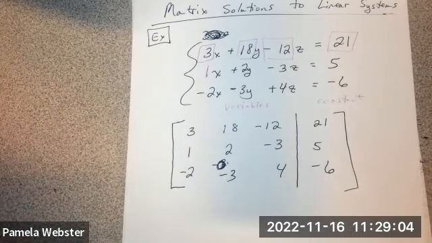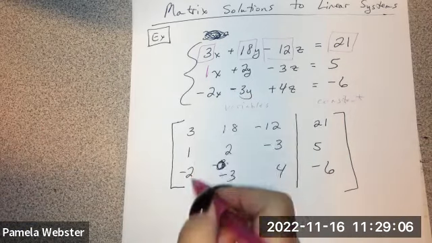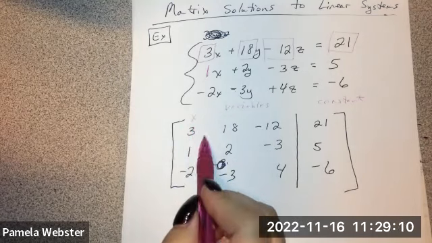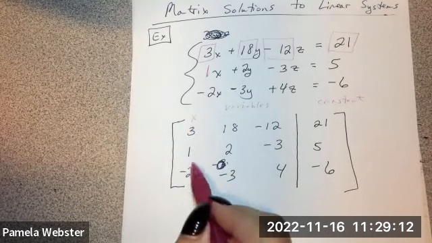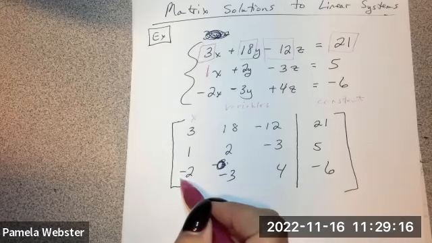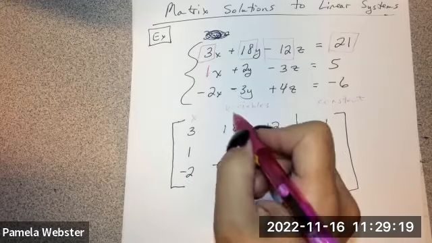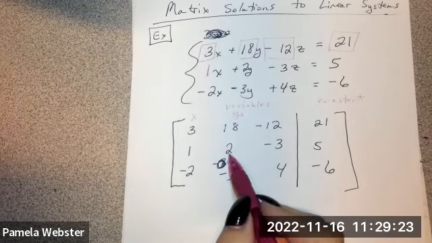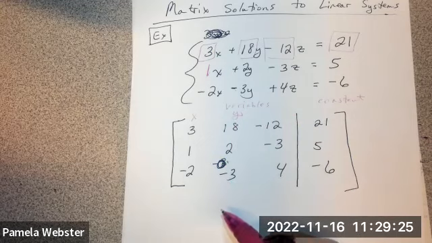Okay. So when I'm done, I can look at this column right here and say, that's my X column. Everything in this column, the 3, the 1, and the -2, those were the coefficients for all my X variables. And then I can look at this column and say, that's my Y column, right? That's the 18Y, the 2Y, and the -3Y.